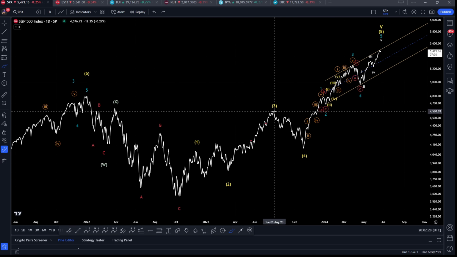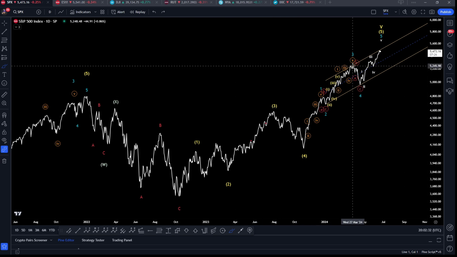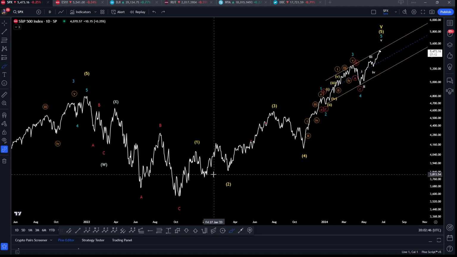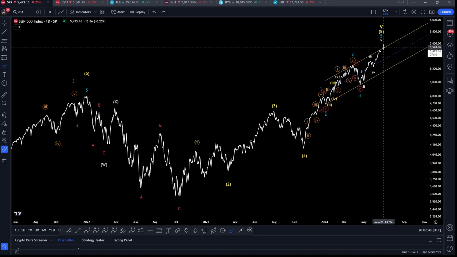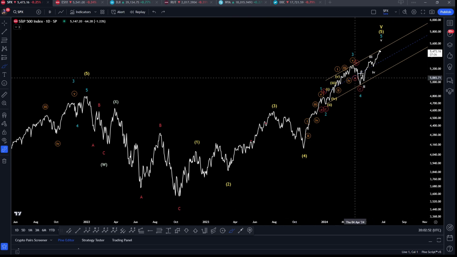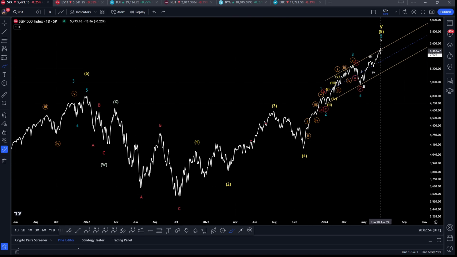Go back in my timeline. Video here, major turning point. Video here, major turning point. Video here, very, very likely to be a major turning point. Very important to pay attention here. We have a 5-wave move up with an extended 5th wave.